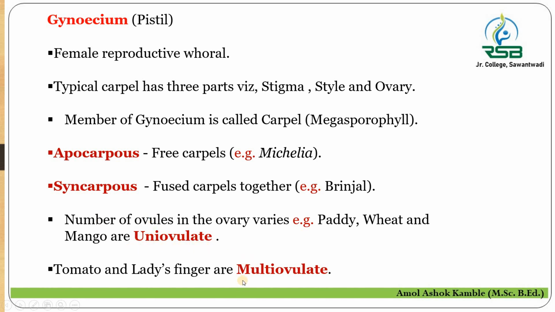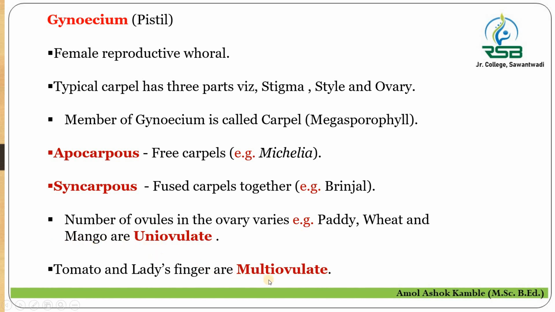Then come towards the conditions where the number of ovules determines the ovary. Uni-ovulate ovary, multi-ovulate ovary. The term uni means single, the term multi means many. So here inside the ovary, the number of ovule is a single, it is uni-ovulate. For example, in case of paddy, wheat, and mango, a single ovule is present.